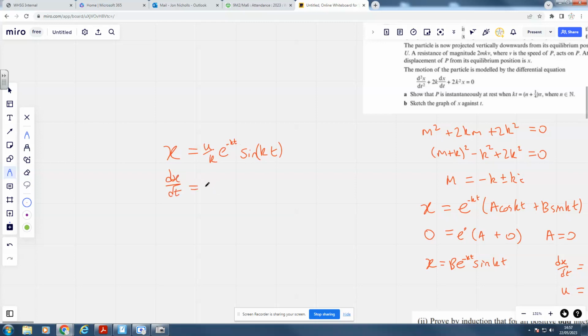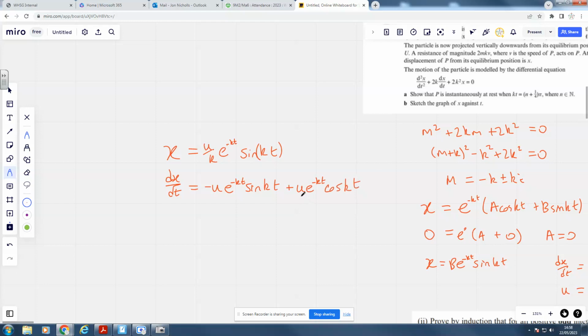I'm going to get minus u e to the minus kt sine kt. And then over here, when I differentiate this one, I'm going to get k cos kt, but one of the k's is going to cancel with that. So I'm going to end up with u e to the minus kt cos kt.